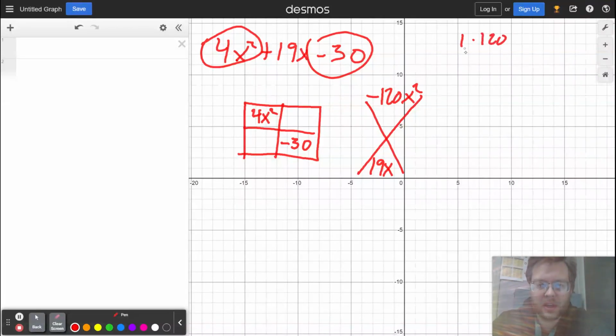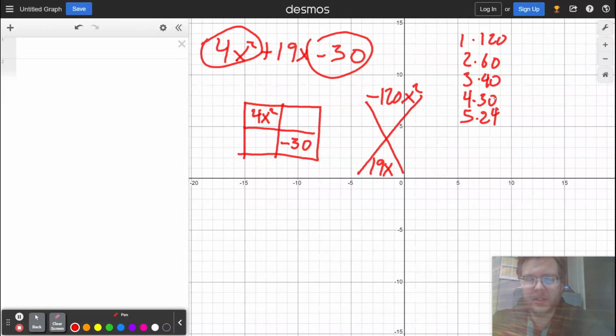Is 1 times 120, 2 times 60, 3 times 40, 4 times 30, 5 times 24. That's the root. Okay. I said that if you get stuck, like I just got stuck, I just needed to write out the factors until I found the ones that worked.